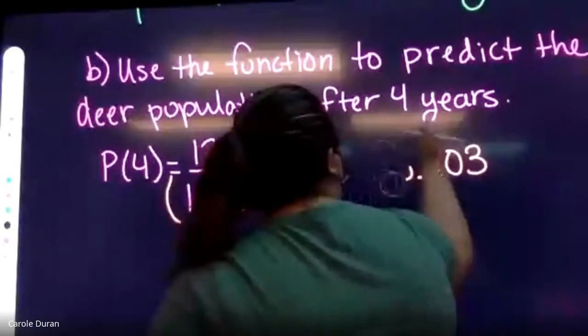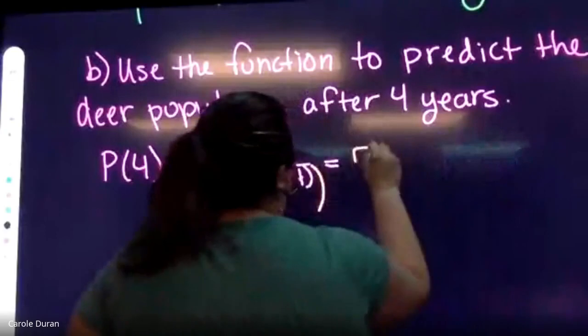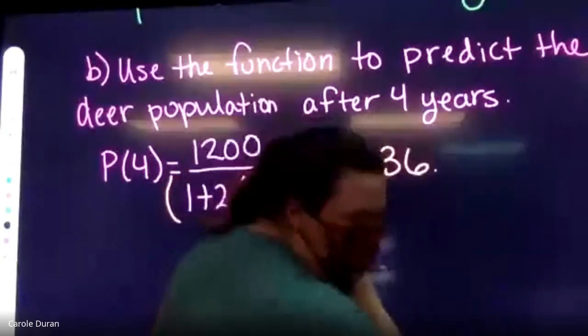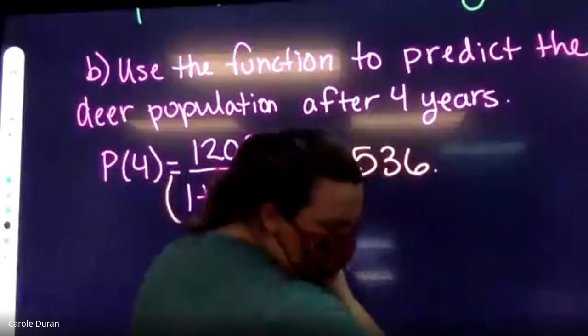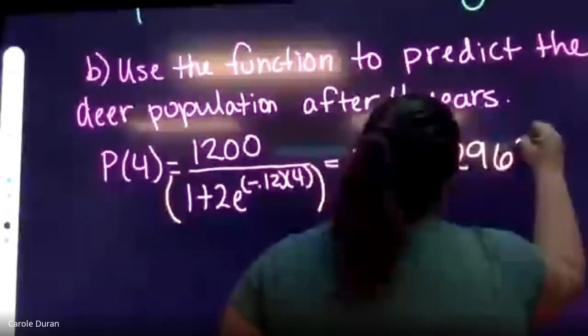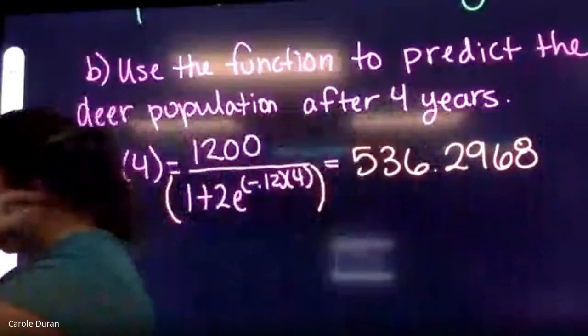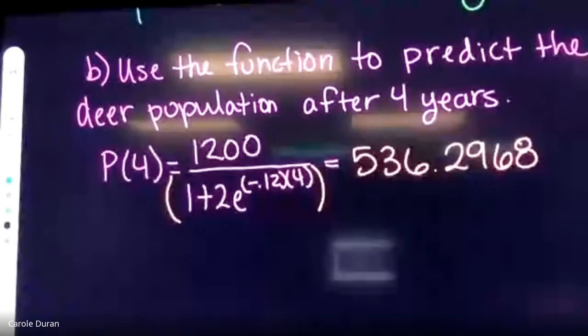I bet you forgot the E. 536 point what? 2968. Okay, I just want the decimal so we can practice it. It says round to the nearest whole number, so we're just approximating.